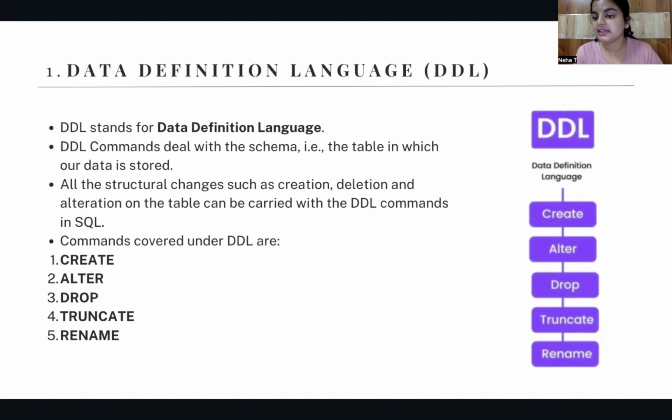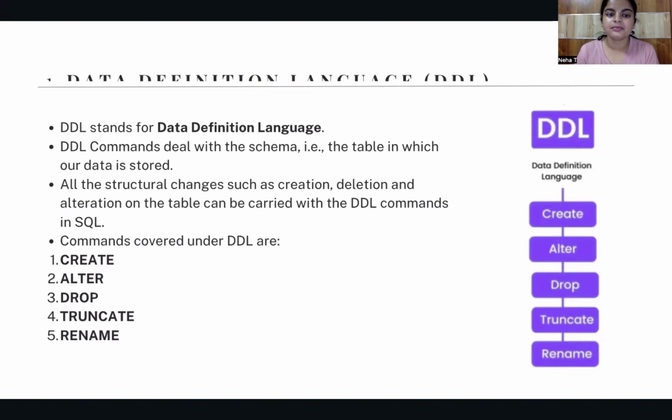So under DDL, we have the commands which can change the structure of the table, and they are create, alter, drop, truncate, and rename. These are the five commands that are under DDL, and they make a structural change in the table.